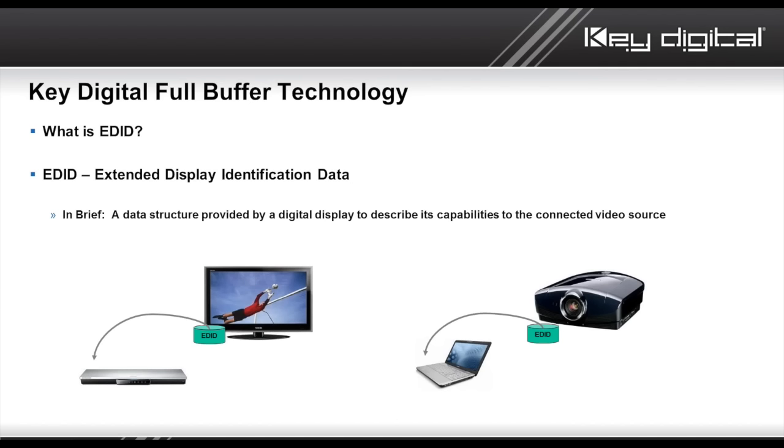The monitor, the projector, the television always gives a digital file to the source that says, here is a list of my supported resolutions, for example, top down, not just the top, not just I'm 1080p, it will say 1080p, 1080i, 720p, etc., top down, audio formats, video formats. In fact, in the HDMI world, this EDID handshake is extremely complex, and there are many, many opportunities for a misread, of course.